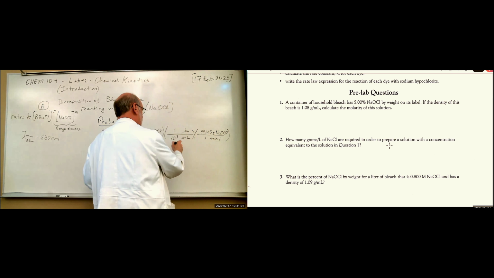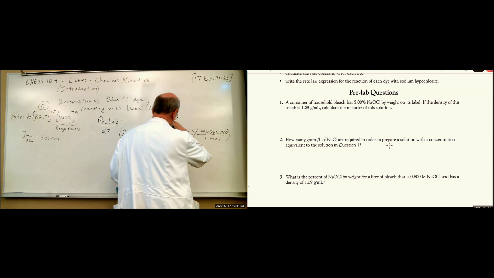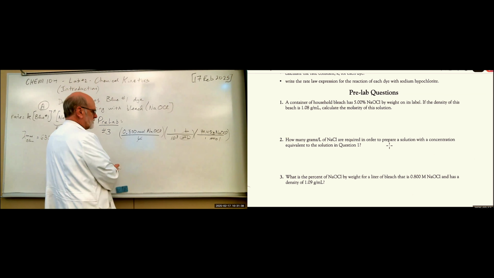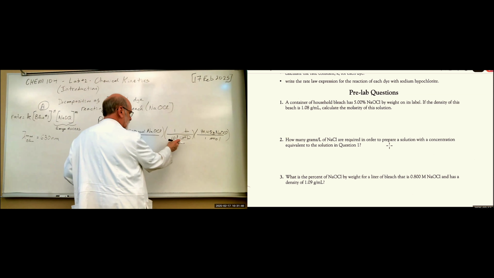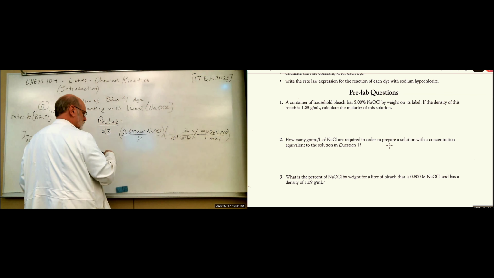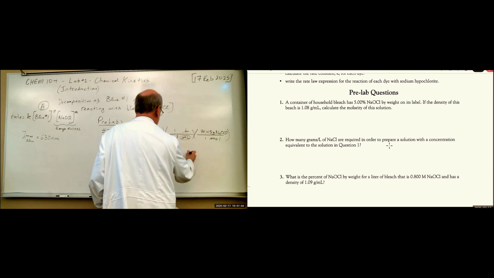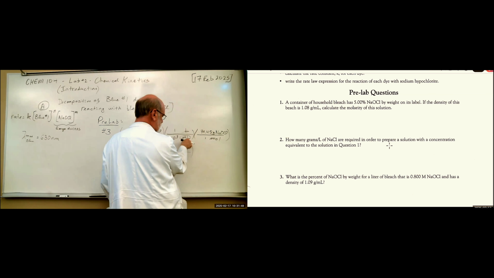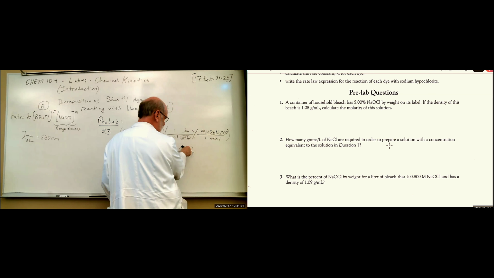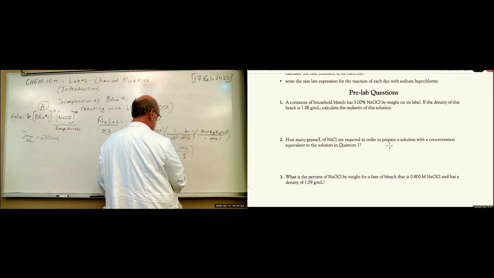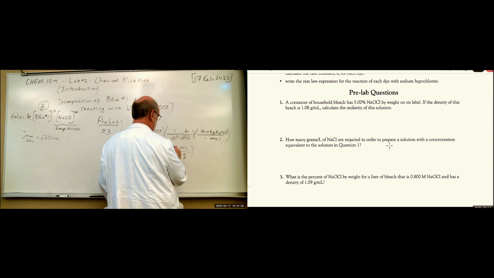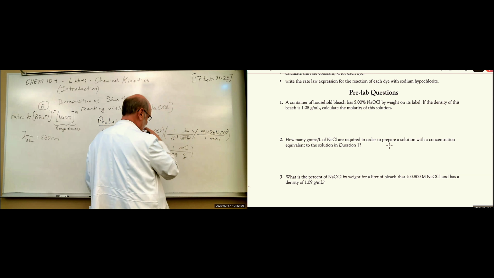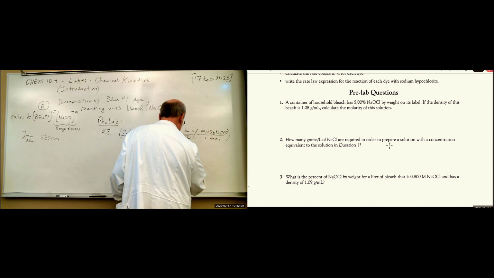Okay. Now that we've got grams per milliliter, we can convert milliliters of solution to grams of solution. So we need milliliters on the top, because this is in the denominator, that has to be in the numerator. And that's 1.09 grams per milliliter. Now the milliliters cancel, and we've got grams of solution.